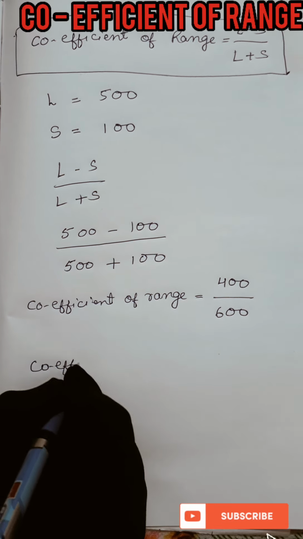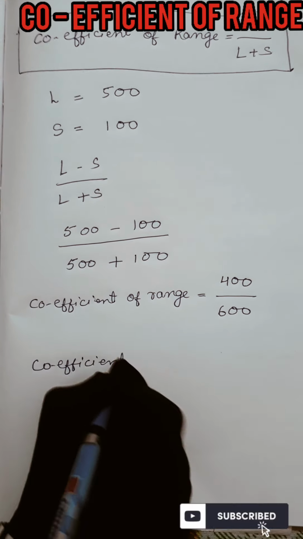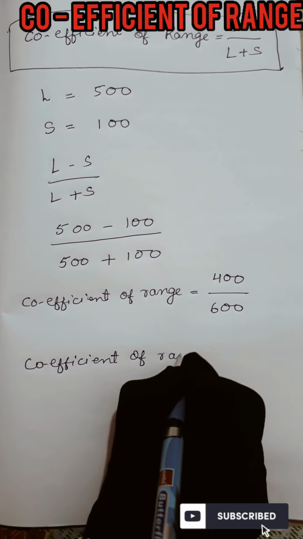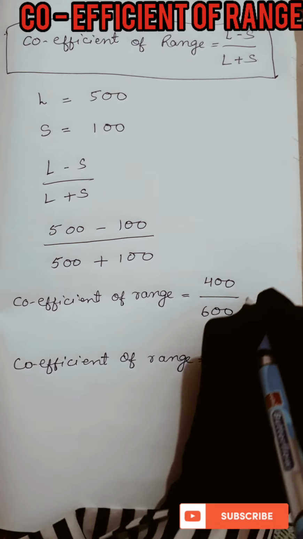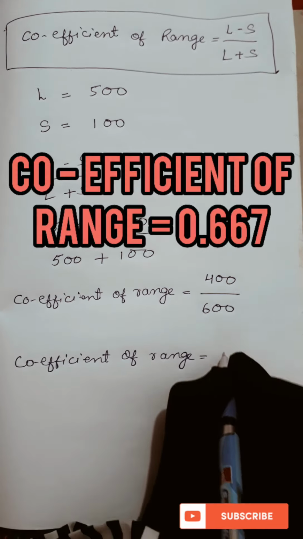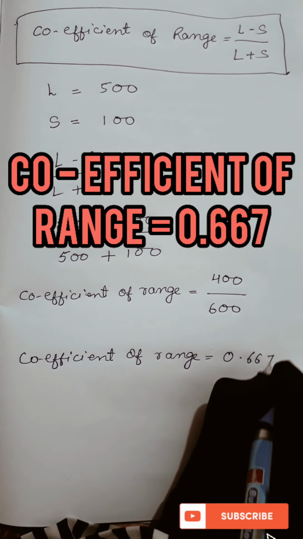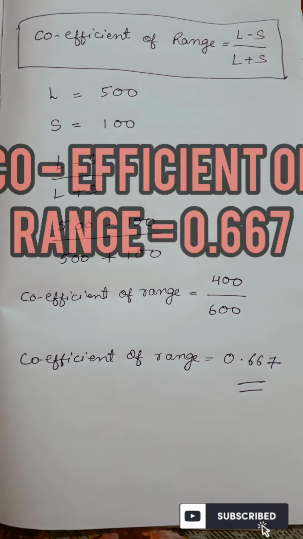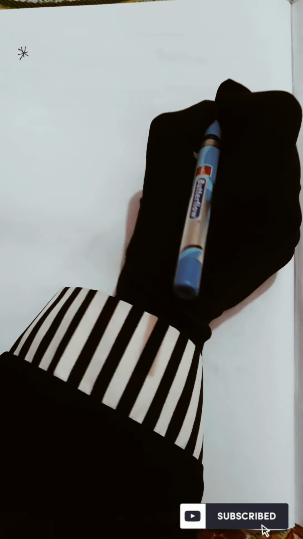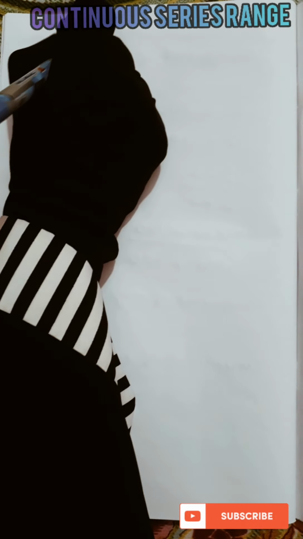Coefficient of range is equals to, divide 400 by 600, will get the answer of coefficient of range. Answer is 0.667. We are done with the calculation of range in individual series.